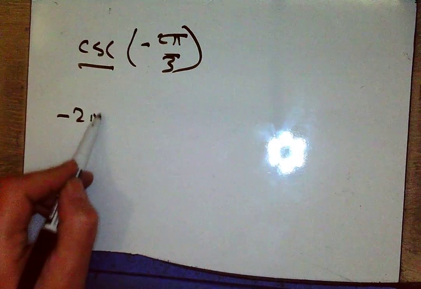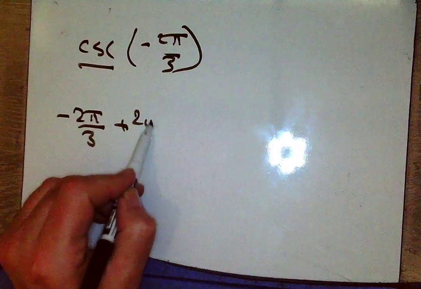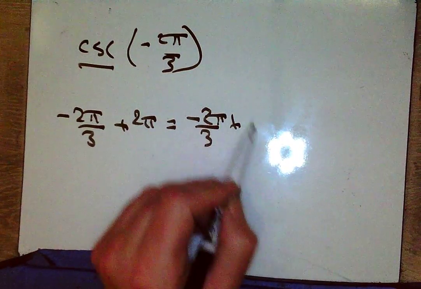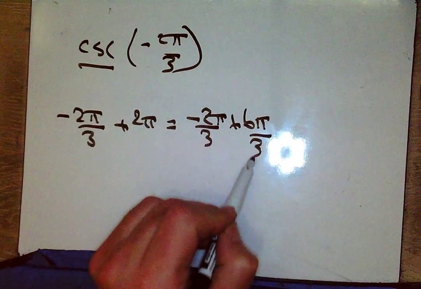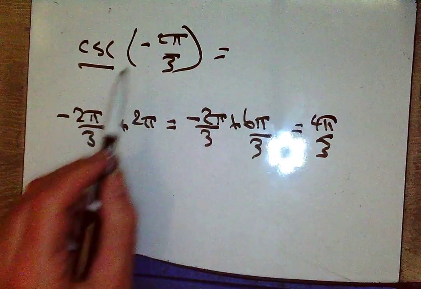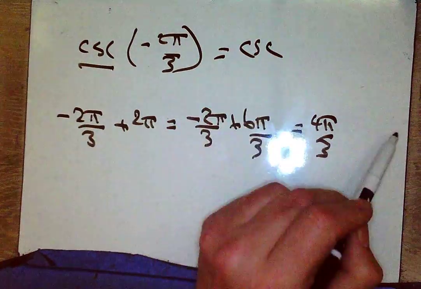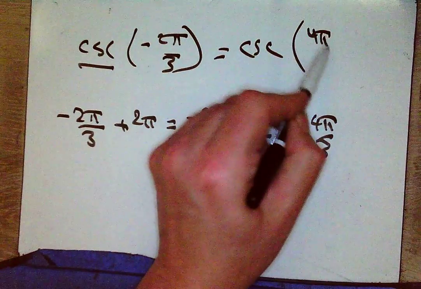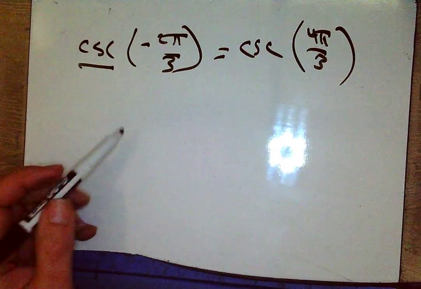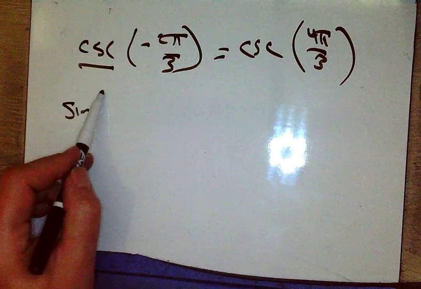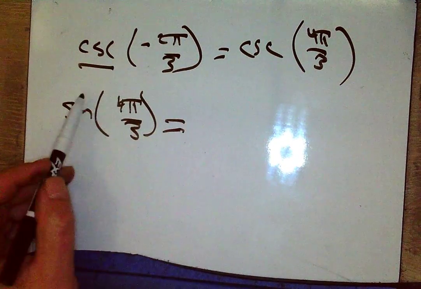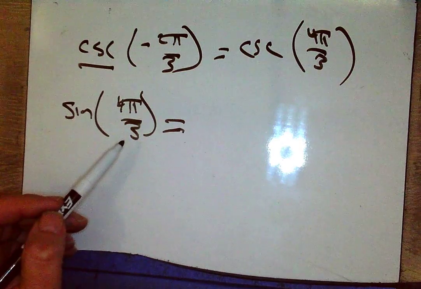Negative 2 pi over 3 plus 2 pi is negative 2 pi over 3 plus 6 pi over 3, and that's 4 pi over 3. So this is going to be the same as the cosecant of 4 pi over 3. And I know that sine is the reciprocal. So what's the sine of 4 pi over 3?